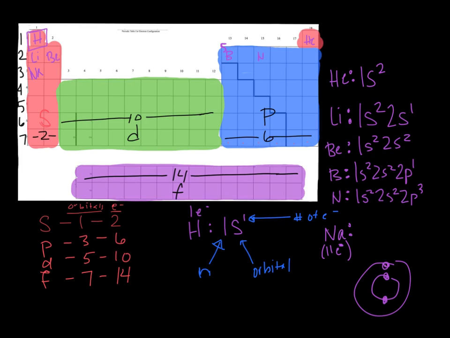And so if we start at the beginning, we have 1s2, and then next we would have 2s2, and then after that we would have 2p6, because it has to go all the way through it, 2p6, and then we would have 3s1.